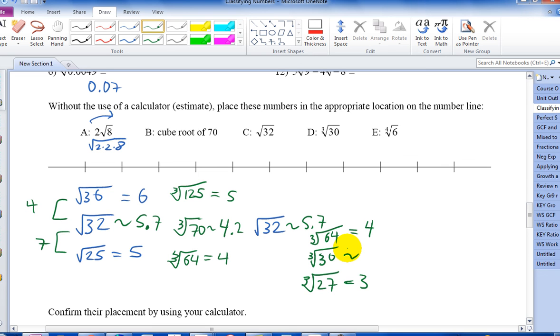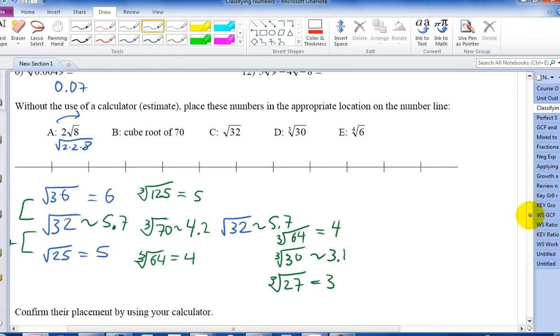Jackie, what do you think? Oh, we're really close to the 3. No, 3.3 is close to the middle. We're so close, I'd say 3.1. Okay, so close.